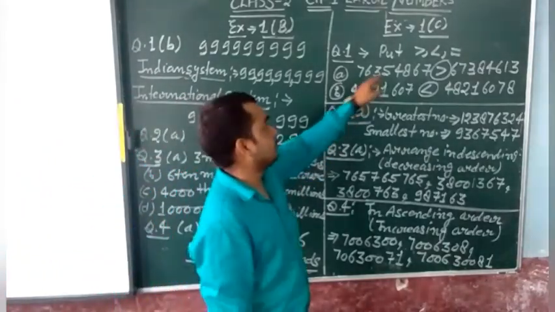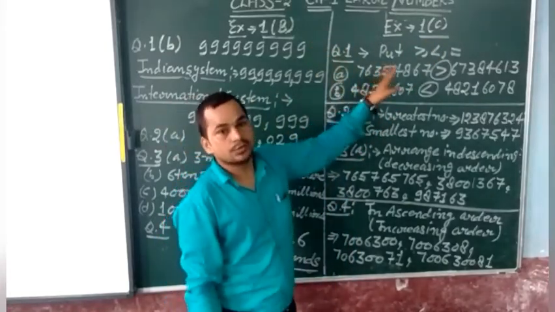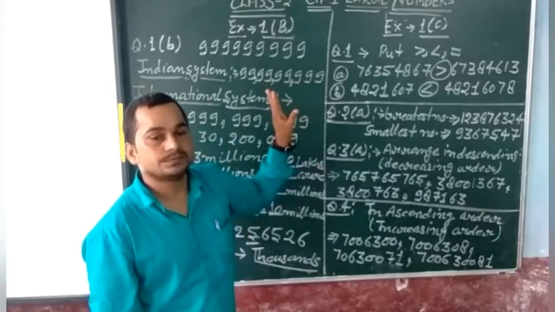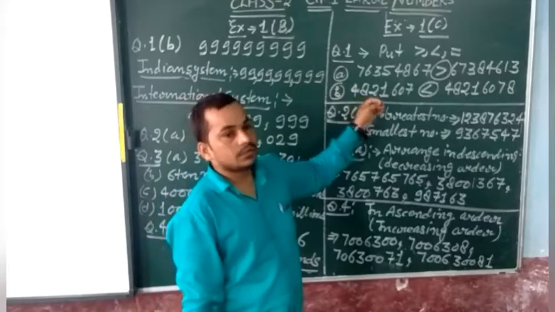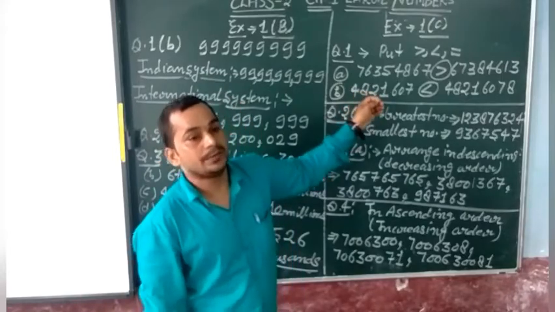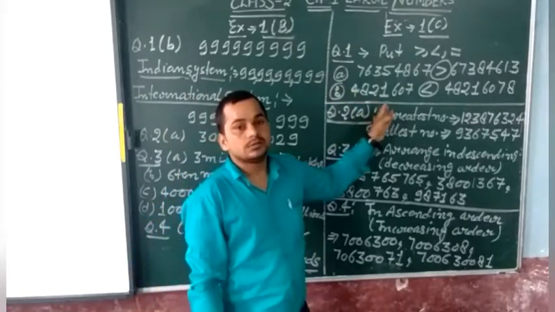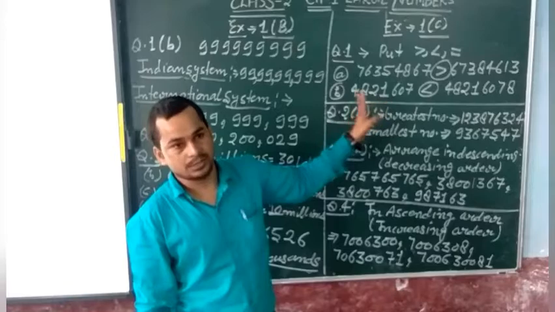Now we come to exercise 1c, where we have to compare 2 numbers. So comparison of 2 numbers, that is rule 1. One rule is we count the number of digits in the given numbers. The number having more digits is greater, and the one with fewer digits is smaller.